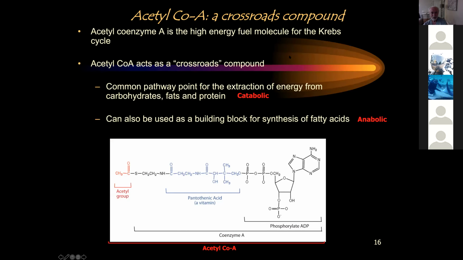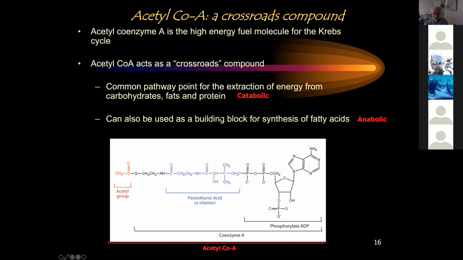So acetyl-CoA is called a crossroads compound, which I've just described. It's the high energy fuel molecule that starts the Krebs cycle. It's a common pathway point for extraction of energy from carbohydrates, fats, and proteins, in other words, from food. And in that sense, it's catabolic.